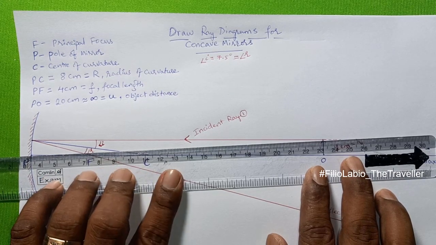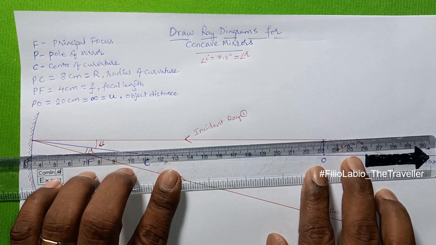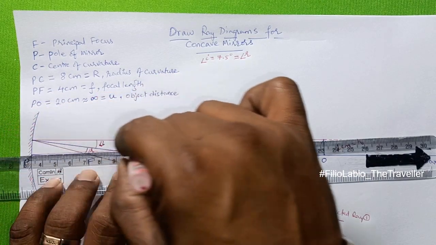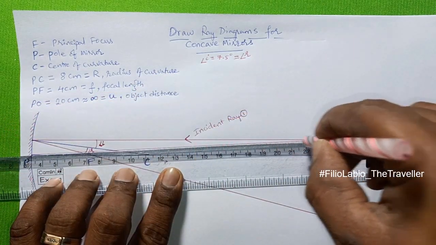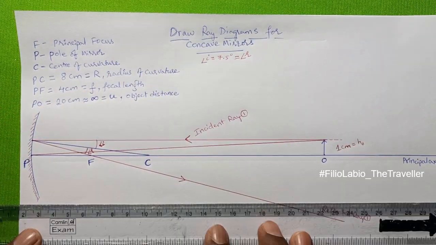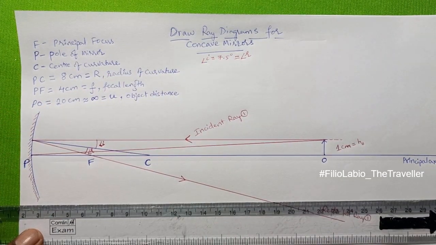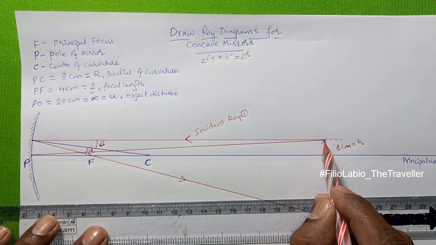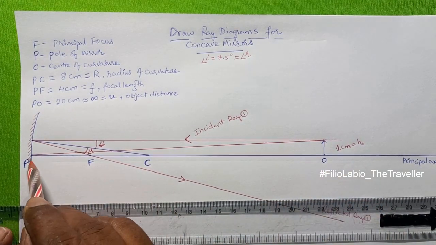Again draw another incident ray. This is the second incident ray. So now we drew the second ray starting from the tip of the object to the pole of the mirror.